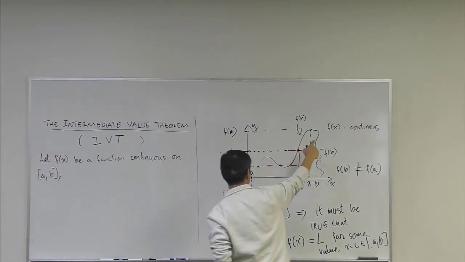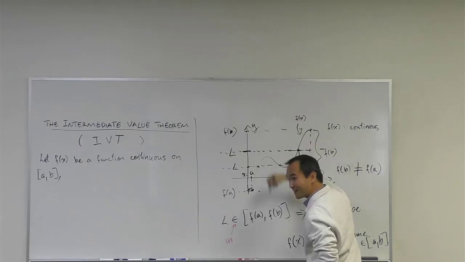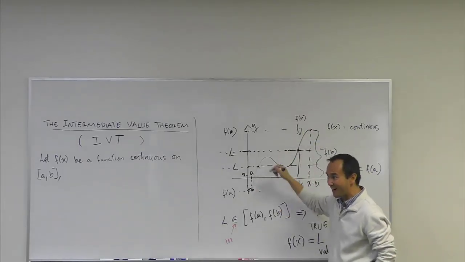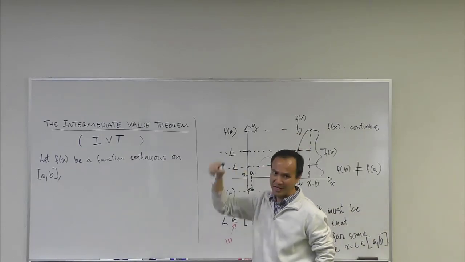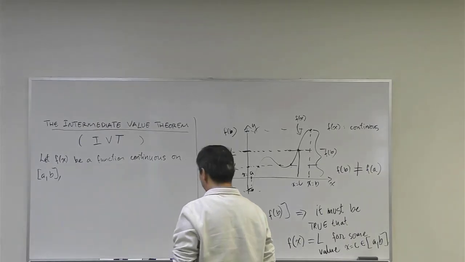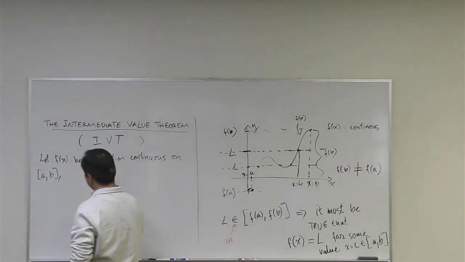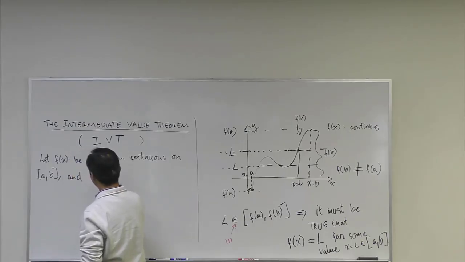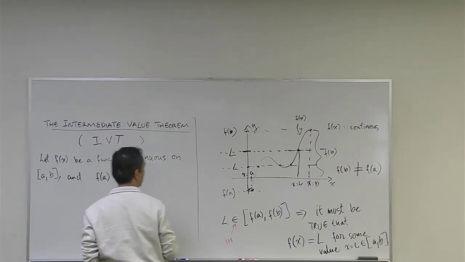Like I said, the way we drew my graph here, it has to be one smooth curve at least inside of this interval from A to B. I have to draw my graph without lifting the pencil. So let f of x be a function that's continuous on the interval, and further, I want to ensure that f of A is some value different from f of B. This is what I was saying earlier.